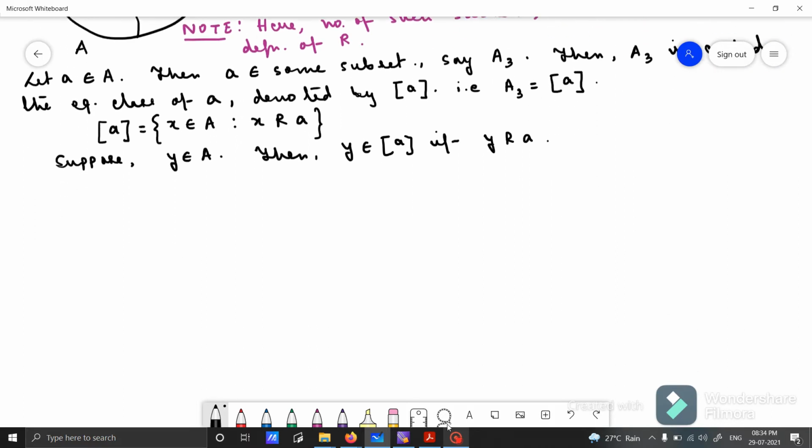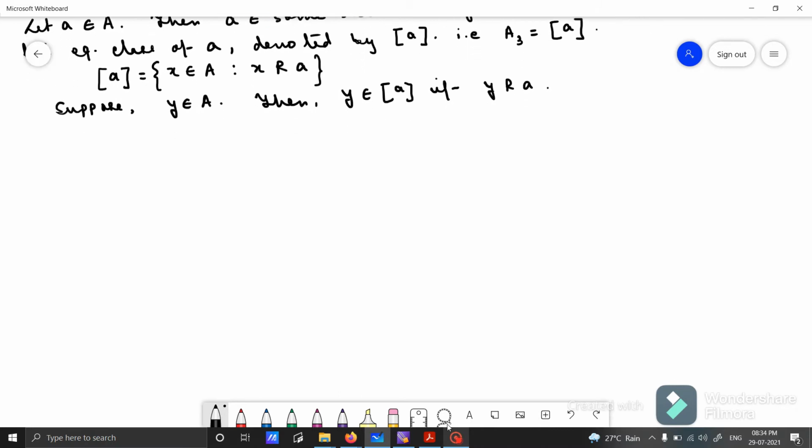So we'll take a very classical example of an equivalence relation, which I'm sure all of you know. So let's see which example that is.